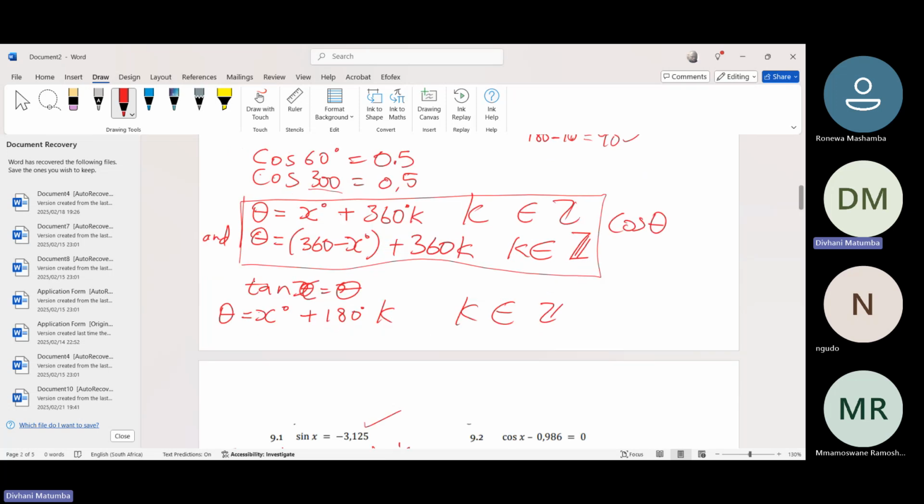So for tan, it's only the angle plus 180. That's your general solution and nothing else.